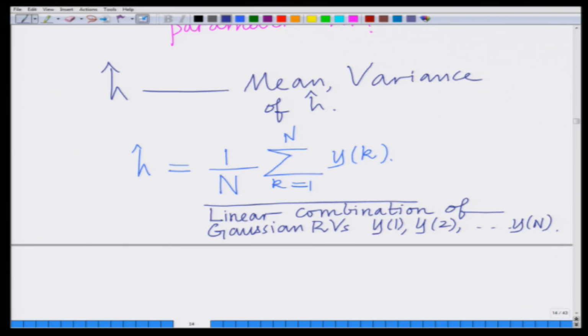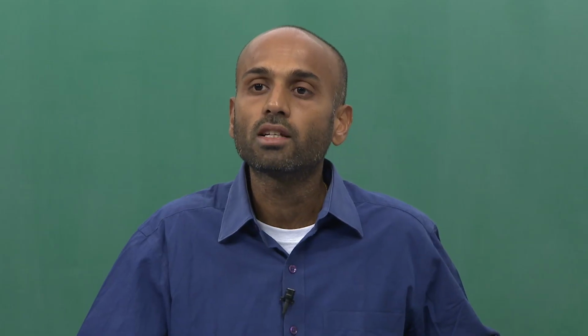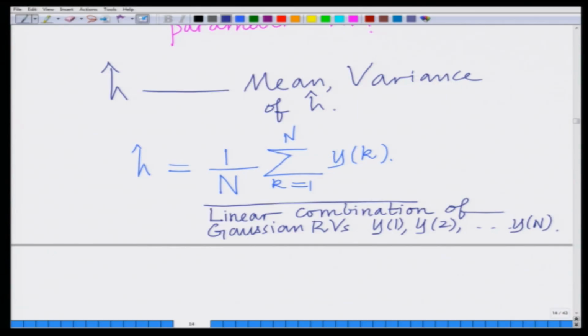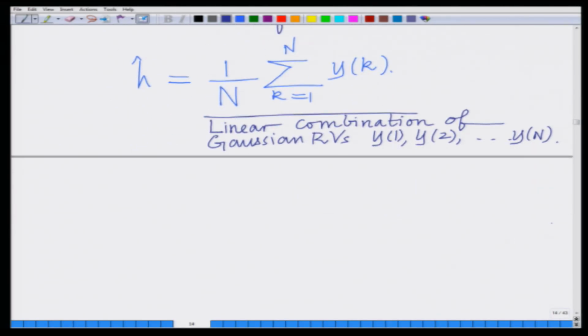And further, this estimate h hat is the sample mean. Therefore, h hat is a linear combination of these observations y1, y2, up to yn. Since h hat is a linear combination of these Gaussian random variables, h hat itself is Gaussian in nature, because a linear combination of Gaussian random variables is Gaussian itself.